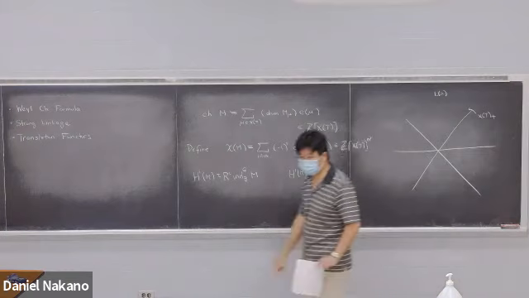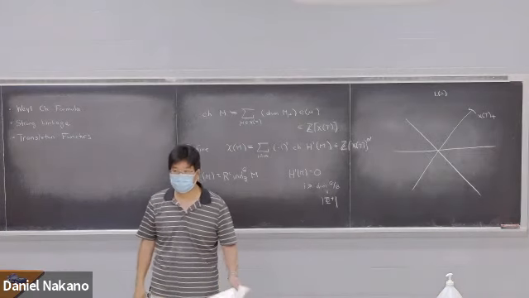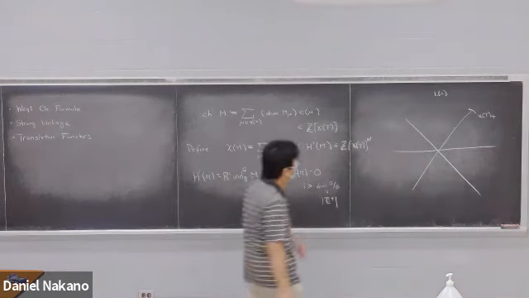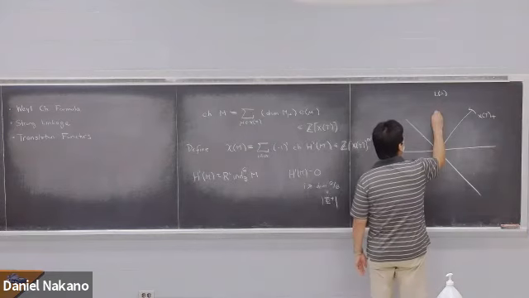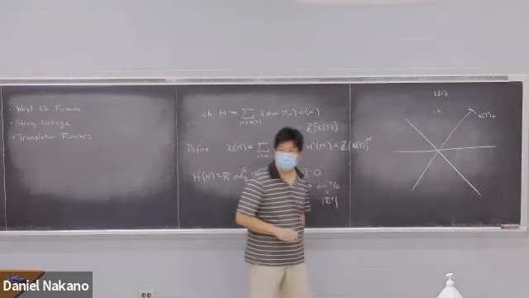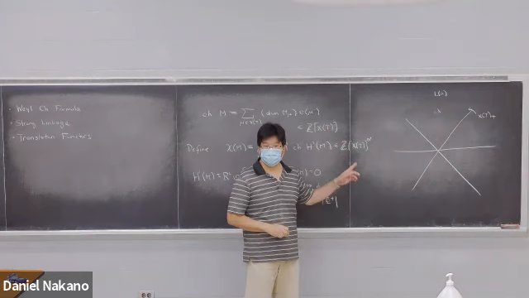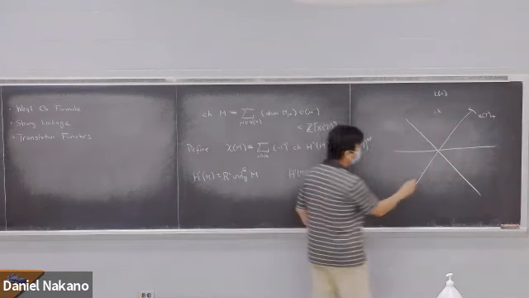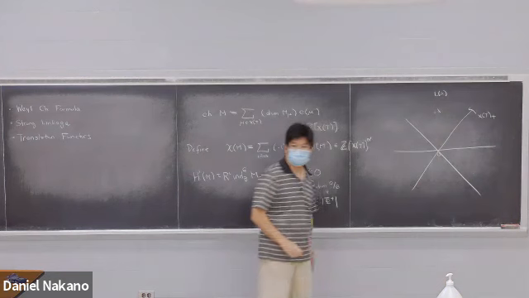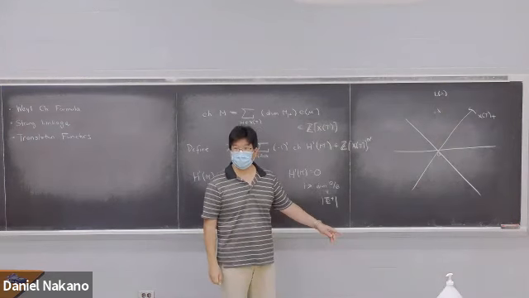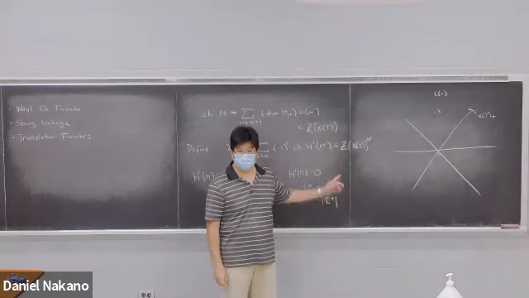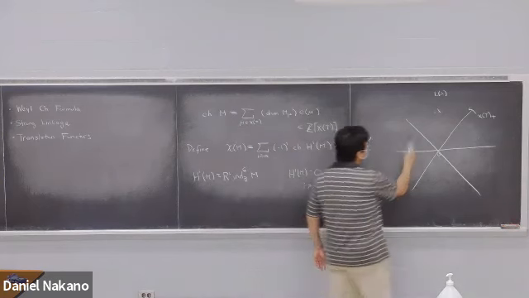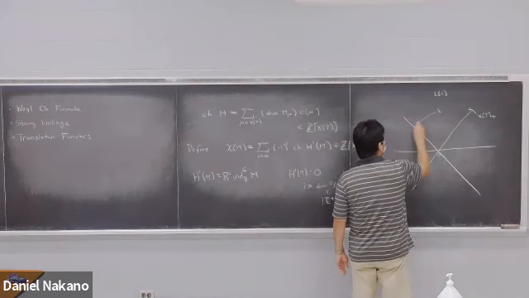This is A2. And so what do the weights look like? Well, the high weight is lambda over here. And then you know that any Weyl group orbit... I'm just looking at the regular action of Weyl on weight spaces. So the weight spaces here look like this.